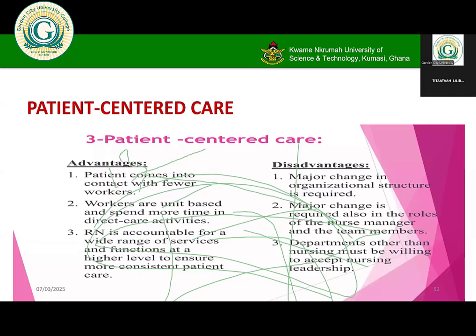So in one place, we have the nursing units, the medicine, the pharmacy, the lab, the X-ray, everything is in one unit. So you don't have to go outside the ward or the unit to do the labs. It is all based in the unit. So more major changes are also required in the roles of the nurses, manager, and the team members.